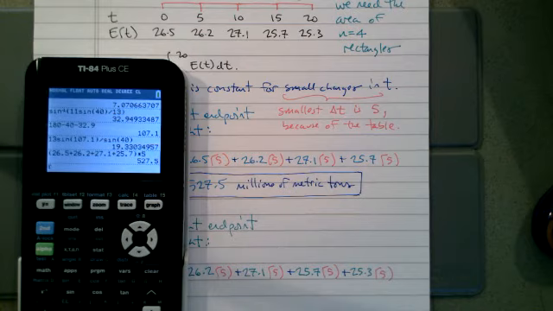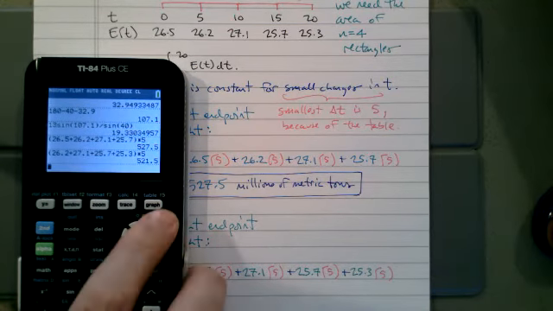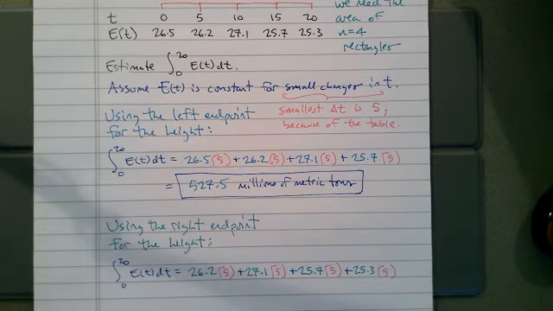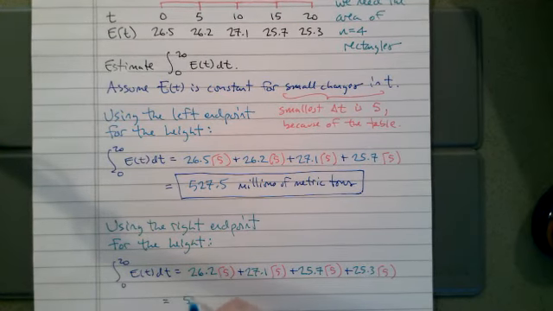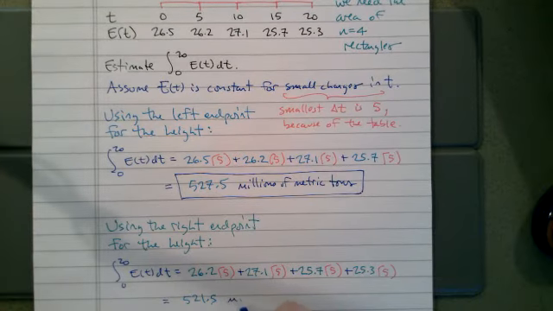So in this case, I'll have 26.2, 27.1, 25.7, and 25.3, all times 5. So 521.5. And this is still millions of metric tons.